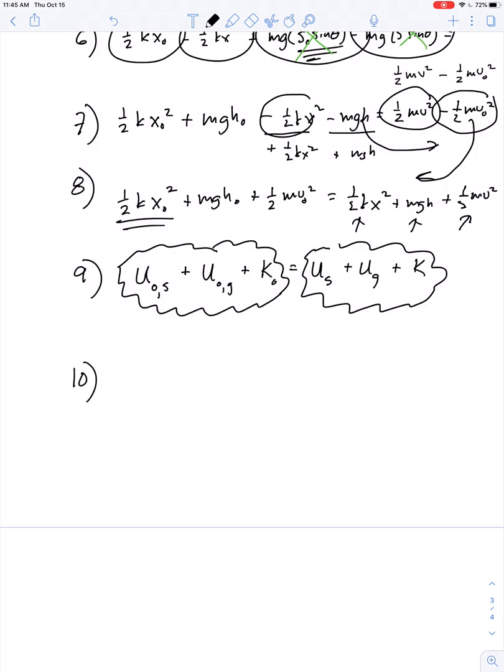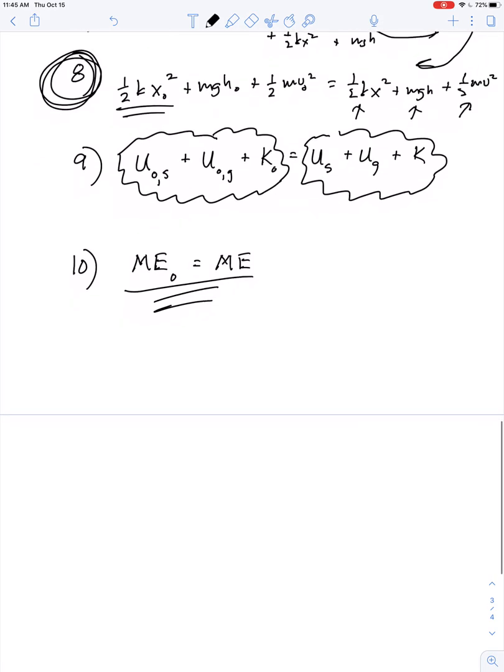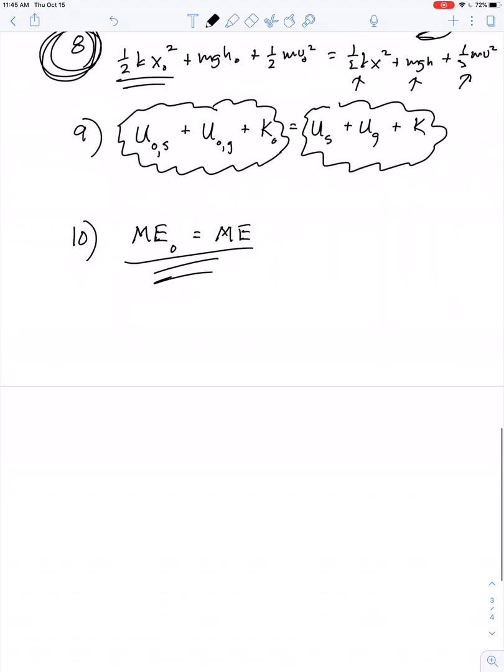So what we end up with is a statement that says the initial mechanical energy is equal to the final mechanical energy. This is the law of conservation of energy. And when written in the form of equation number 8, it becomes a powerful tool for solving problems that might otherwise be more challenging if we were simply to rely on what we know about Newton's laws and kinematics. So I'm going to rewrite that expression one more time.